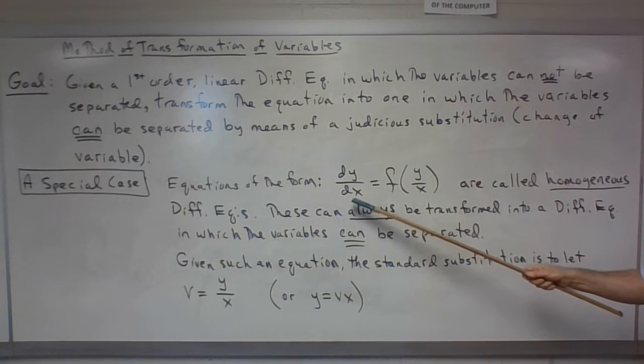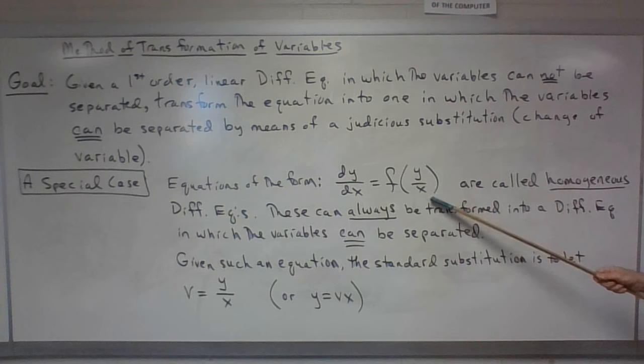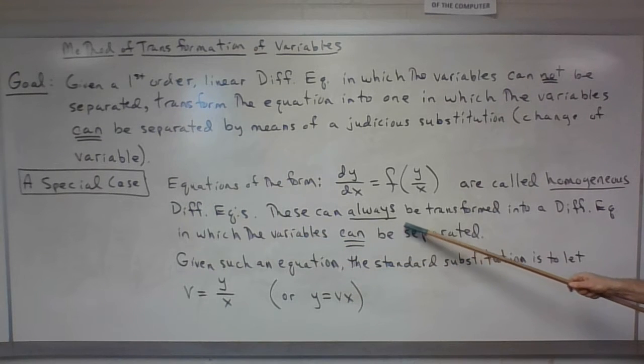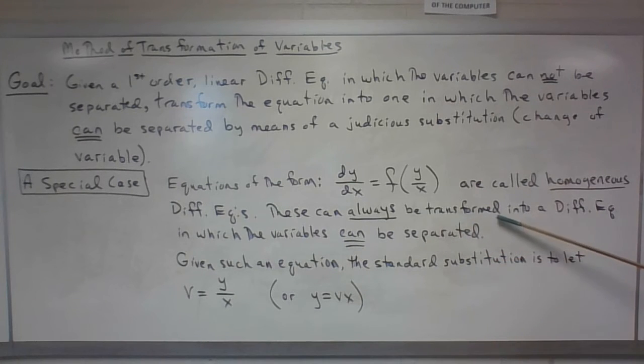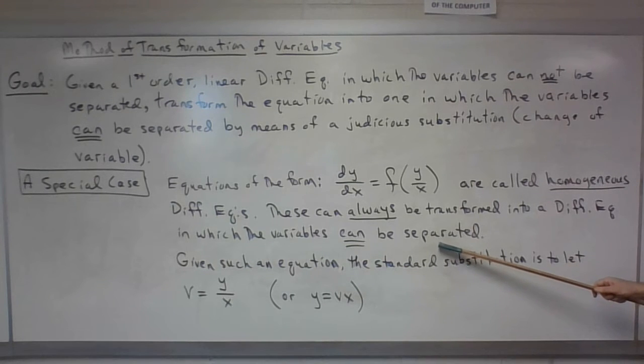Equations of the form dy/dx equals f of y over x are called homogeneous differential equations. These can always be transformed into a differential equation in which the variables can be separated.